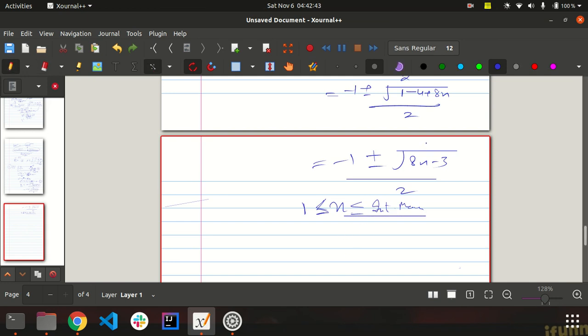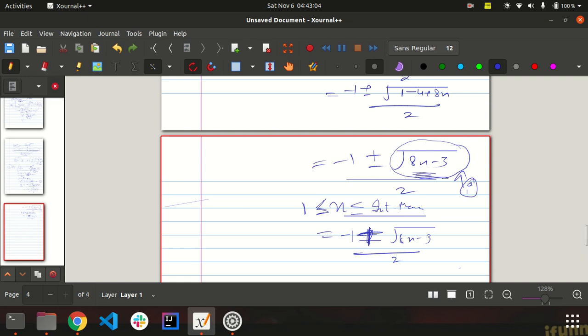If you fill this into those two equations, only one would be valid, that is plus square root of 8n minus 3 upon 2, because the second equation will always return a negative number.